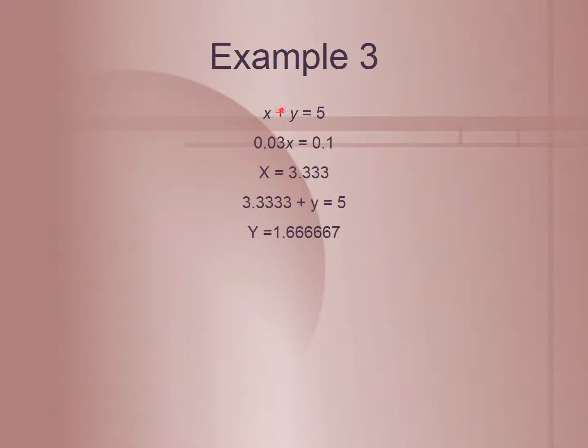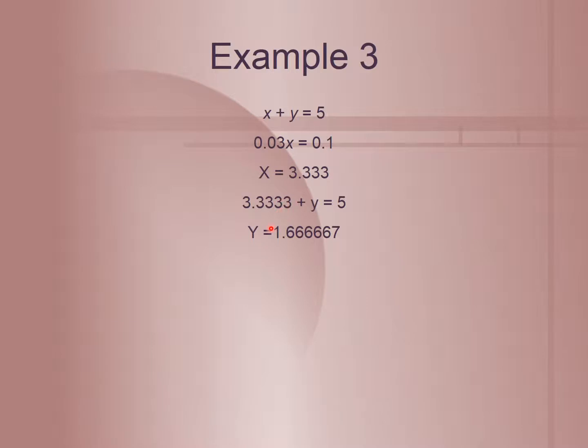All right, so using the equations that we just got from the previous slide, the first thing I'm going to do is solve for X here, right? I'm going to divide both sides by 0.03. So 0.1 divided by 0.03 is 3 1/3, or 3.3333. And so if I were to substitute that back into X plus Y equals 5, that means 3.3333 plus Y is going to be equal to 5.